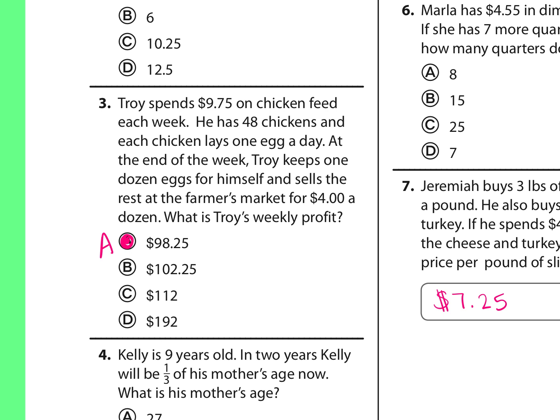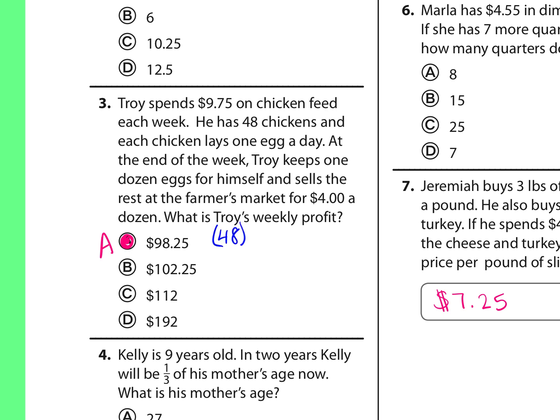Okay, so thinking through this problem, he has 48 chickens. They each lay an egg a day. At the end of a week, he keeps a dozen for himself. So let's think of what he'd make in a week.